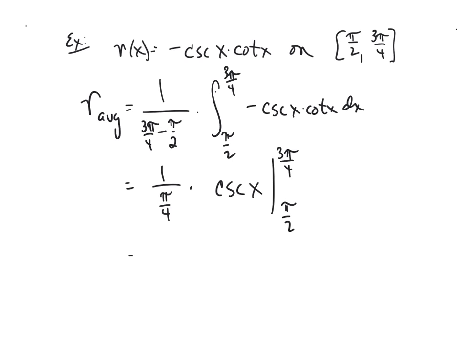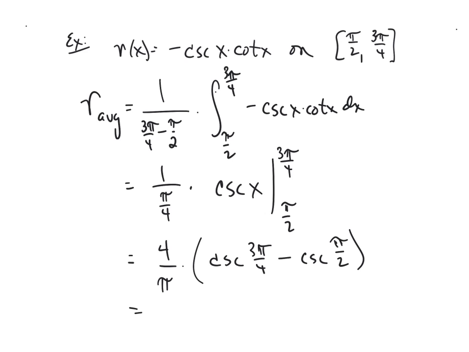So we just simply have to FTC. But let's take care of this fraction first. 1 over pi over 4 is the same as 4 over pi, just taking a reciprocal. And then FTC, so I'll have the cosecant of 3 pi over 4 minus the cosecant of pi over 2.